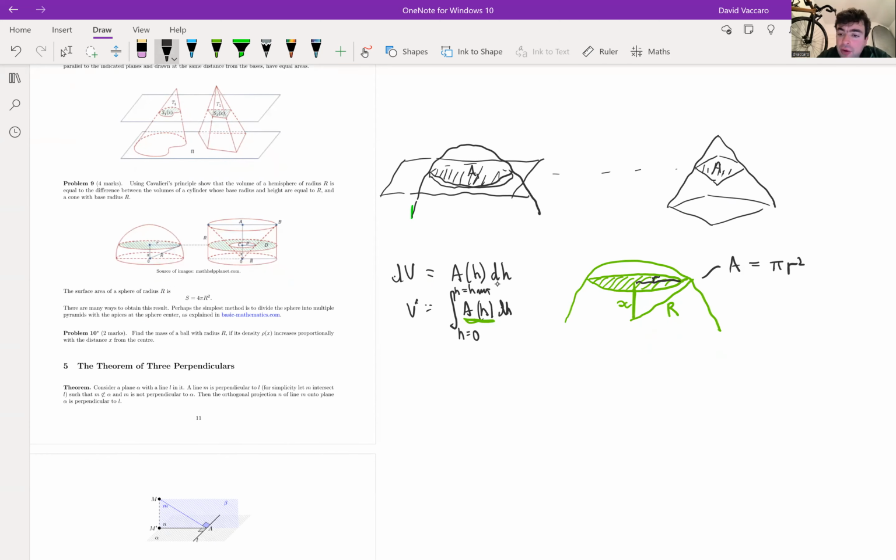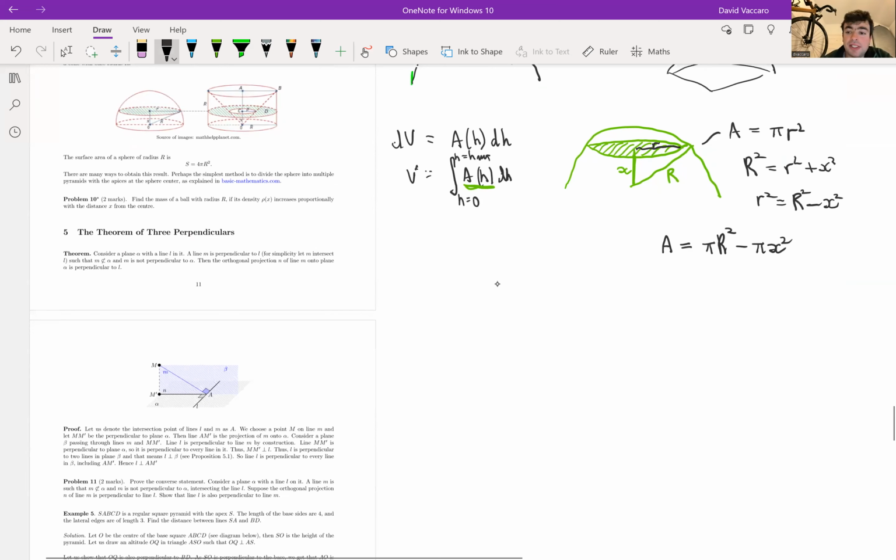But now, by Pythagoras, we know that R squared is r squared plus x squared. Okay, and so now little r squared is capital R squared minus x squared. Okay, so the area is pi capital R squared minus pi x squared.